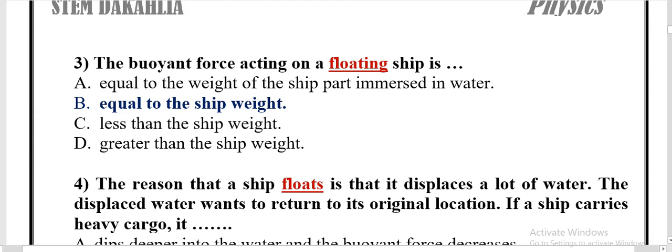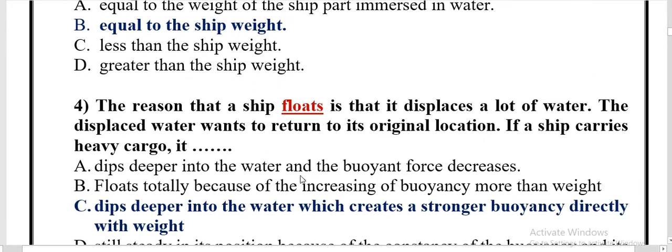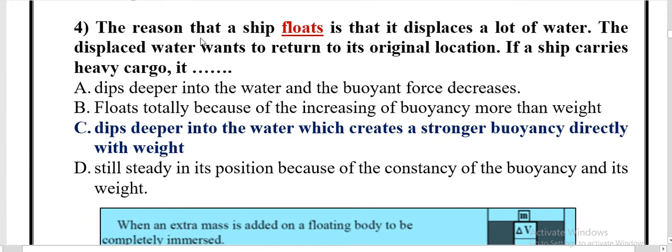Question number 3. The buoyant force acting on a floating ship: the object is floating, so it will equal the ship's weight. Question number 4. The reason that a ship floats is that it displaces a lot of water. The displaced water wants to return to its original location.